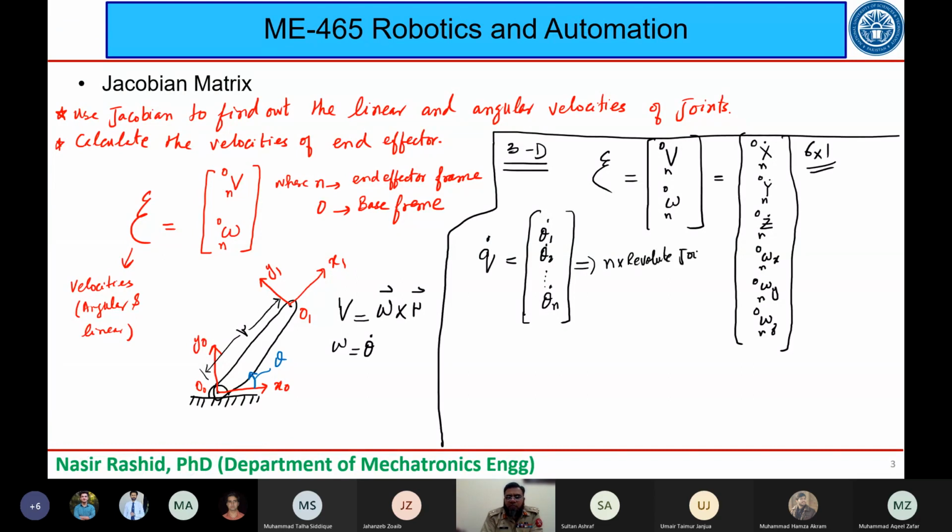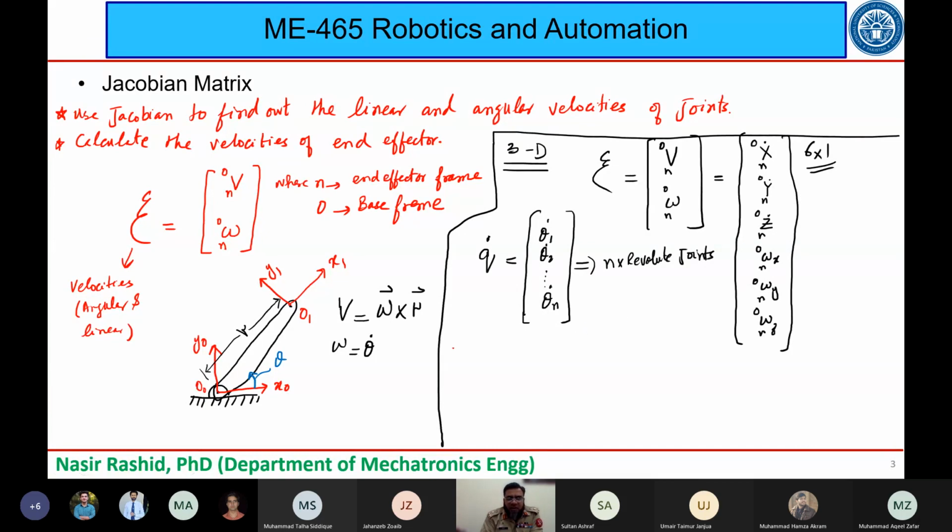So if we have n joints, Q dot will vary from theta 1 to theta n.